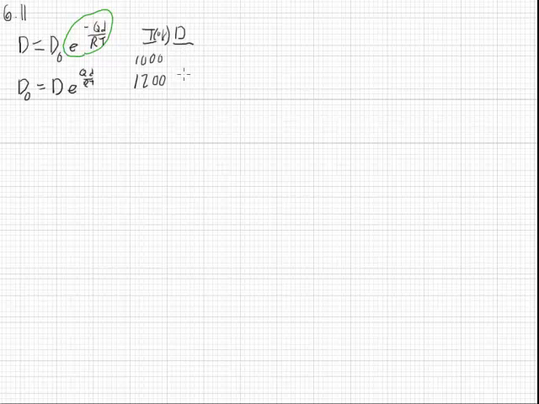Now we don't know the diffusion coefficient at 1200, but we're given it at 1000. So at 1000 it's 1 times 10 to the negative 14th, and that is in meters squared per second.